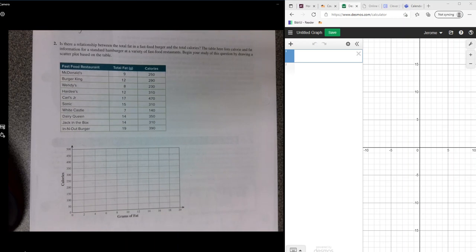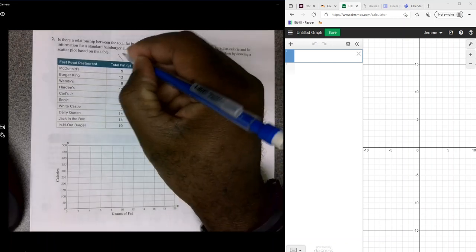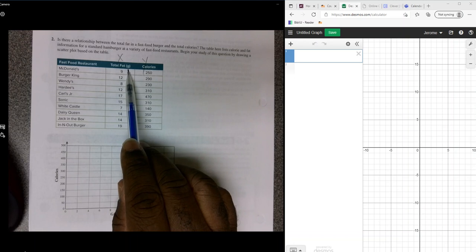Okay, now if you look down here at this graph, they basically do some of the work for you. The X value and the Y value. Tells you here the X value is the grams of fat, which here is total fat in grams, and then the Y value is calories. Now, I don't believe anyone in here is using the TI calculator, but if someone is, please let me know.